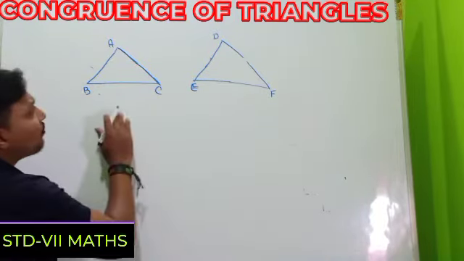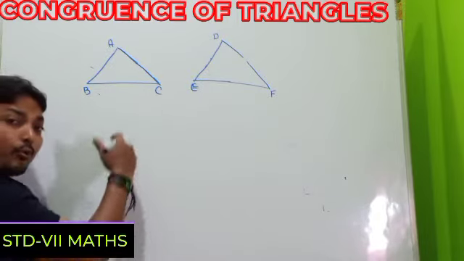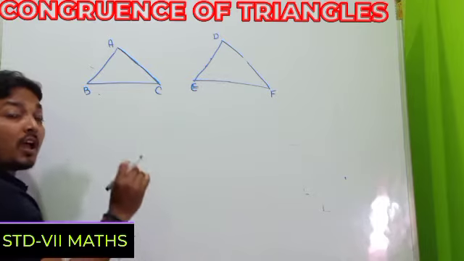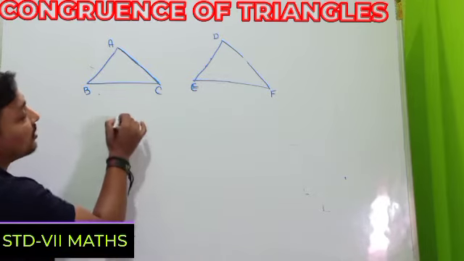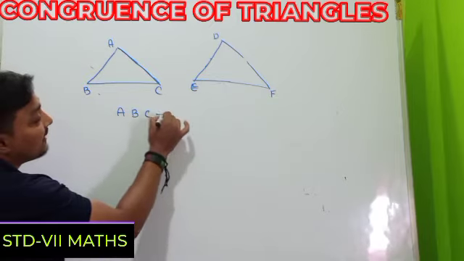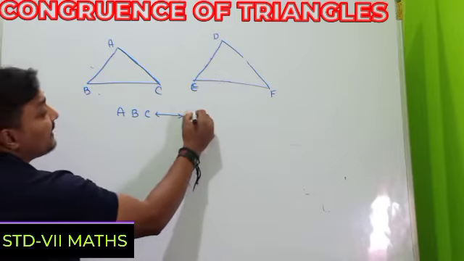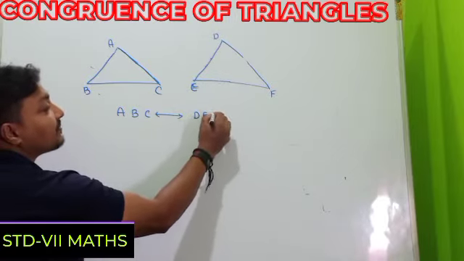So remember, one can say just like this, two triangles are congruent under the correspondence ABC matching with DEF.